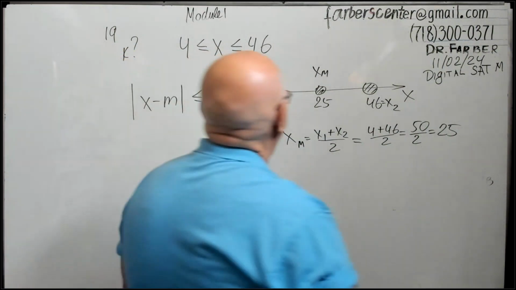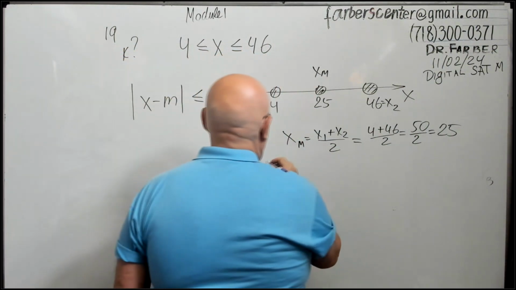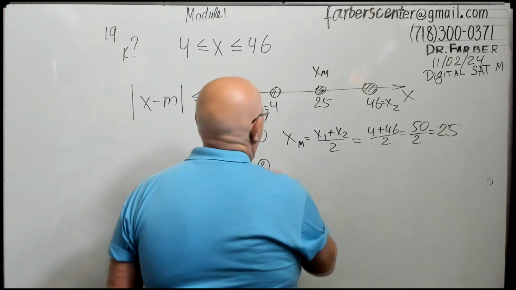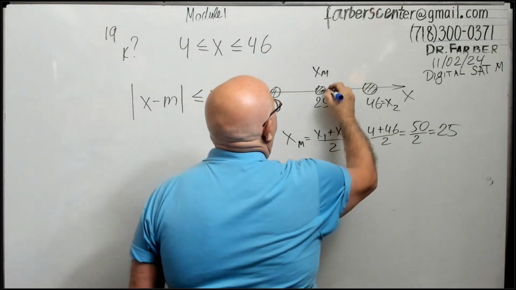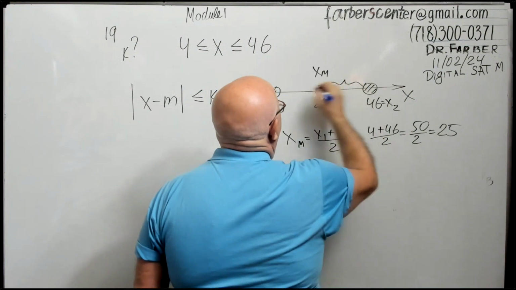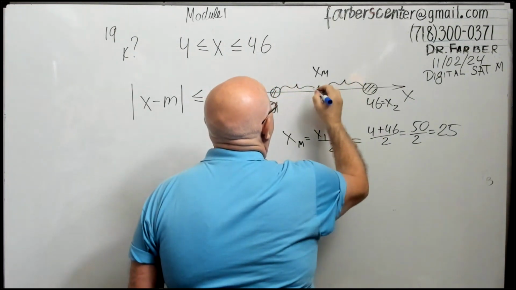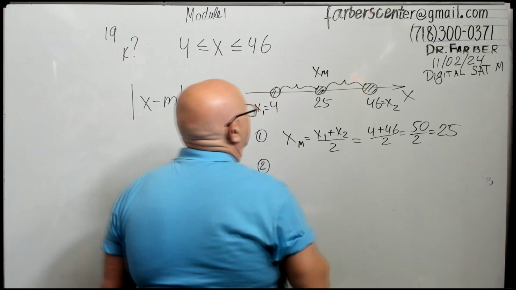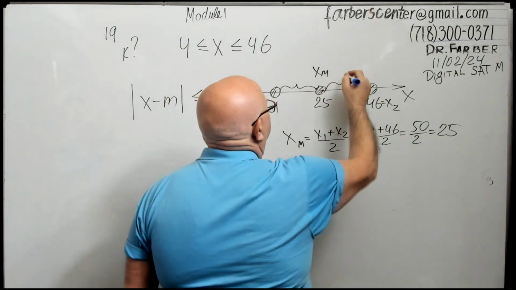Step number 2: midpoint means in the middle, right? Find the delta distances. The distance over there and the distance over here are the same because it's the middle. For instance, how to find this? I make it delta.